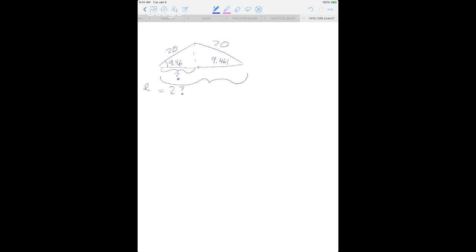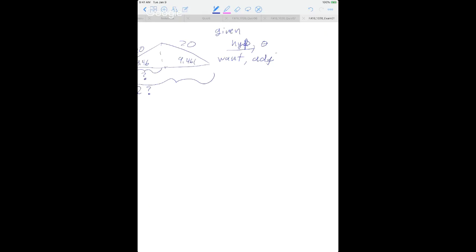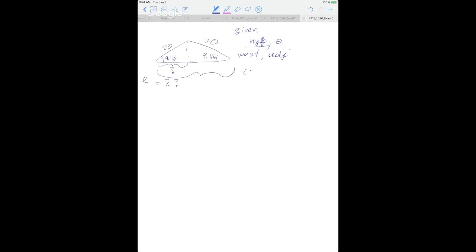Well, in this case, I've got a hypotenuse. We're given hypotenuse and theta, want adjacent. Okay, so that's sounding like adjacent over hypotenuse. That's cosine, right?